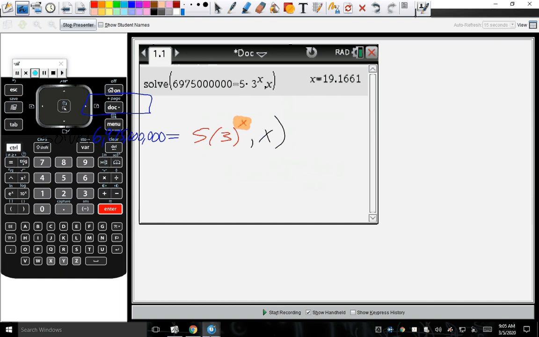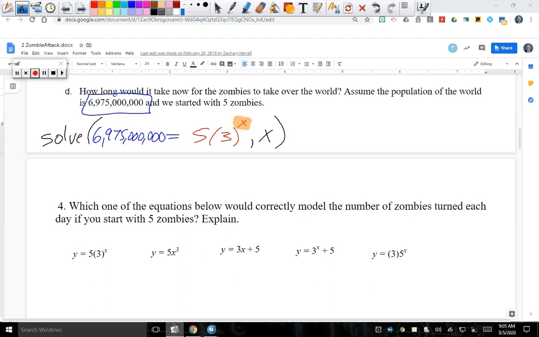And how long did it take? 19.1666 days. That would be x. That's pretty fast. We're just starting with 5.